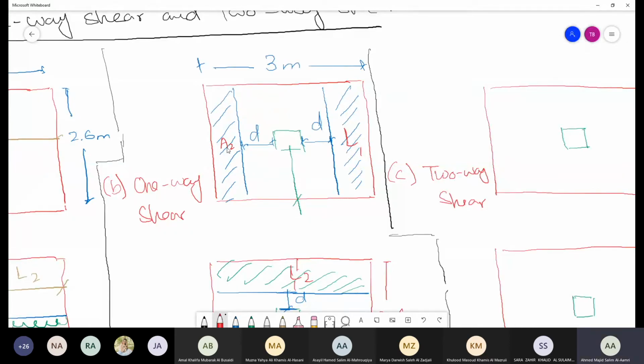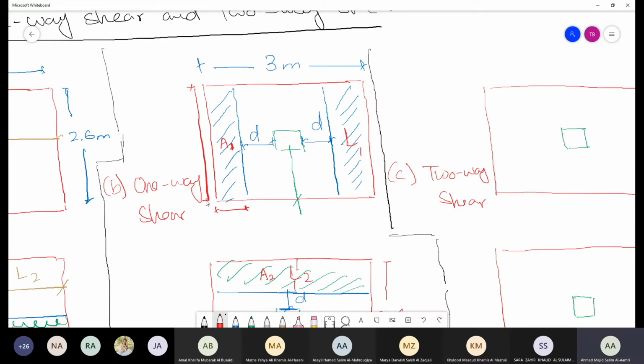So this is my area number 1, and this is going to be my area number 2. Now can you tell me area number 1 is equal to what exactly? What are the dimensions for A1? Can you give me the area of A1? Remember that we have already calculated length number 1.